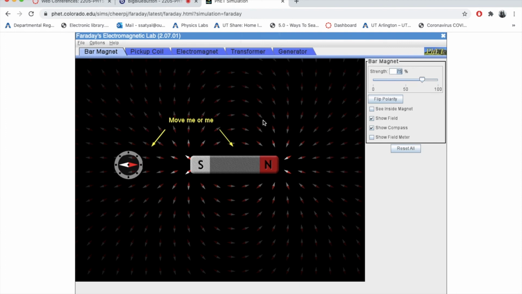Okay, so make sure you have this program loaded with bar magnet, pickup coil, electromagnet, transformer, and generator. We'll look into all of these 5 different examples, all based on magnetism and electromagnetic induction.